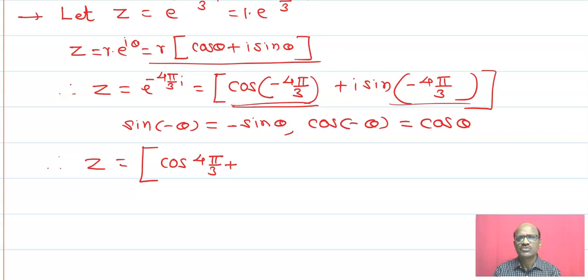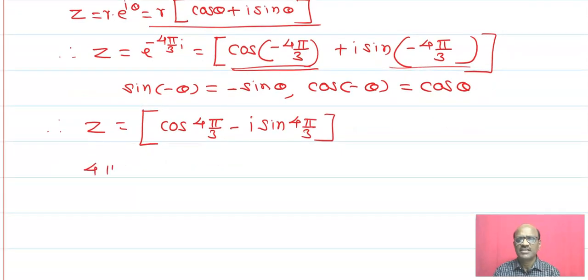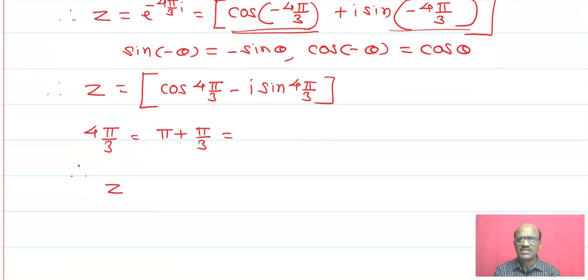So z is equal to cos of 4 pi by 3, where the negative sign is absorbed, and here is a minus sin of 4 pi by 3, where the negative sign is reflected and becomes negative. Now how to express this 4 pi by 3?